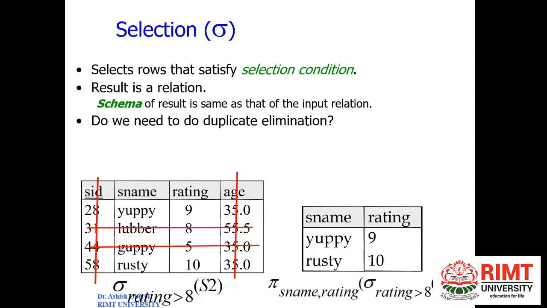Here in the subscript you write the condition. I am using selection because I want to display records, so the query is: display all the records from the relation S2 whose rating is greater than 8. I want to display only those records whose rating is greater than 8. Got it?